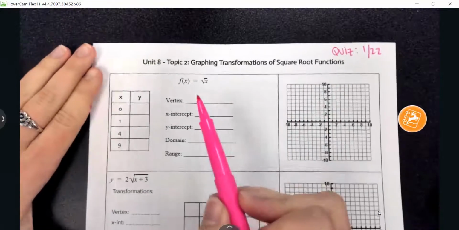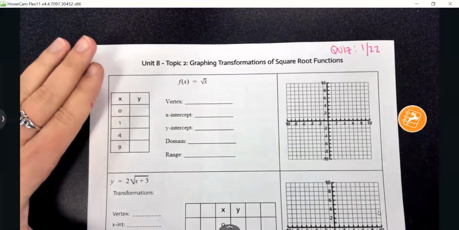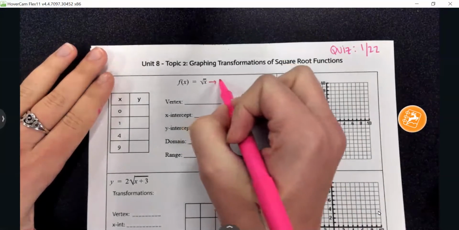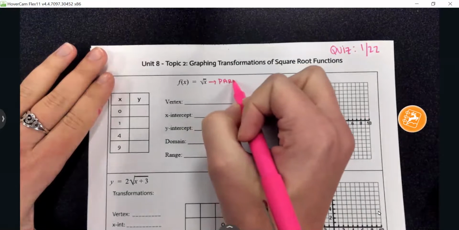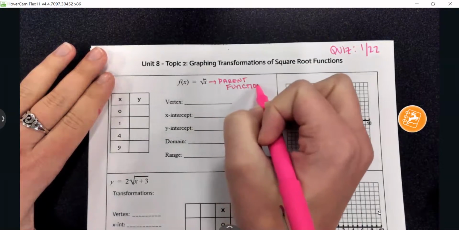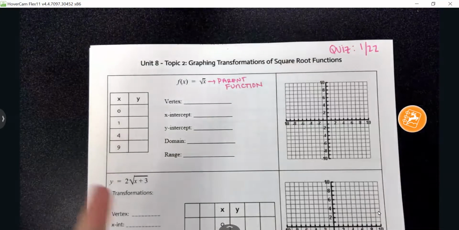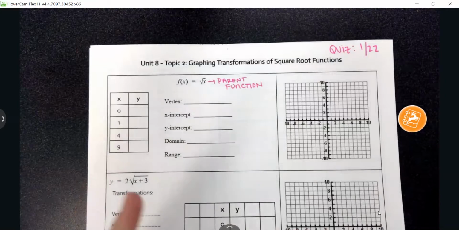All right, this right here says y equals the square root of x. This is called my parent function. Does anybody remember how we know something is a parent function? It's the original, which means it has no transformations. Good job.